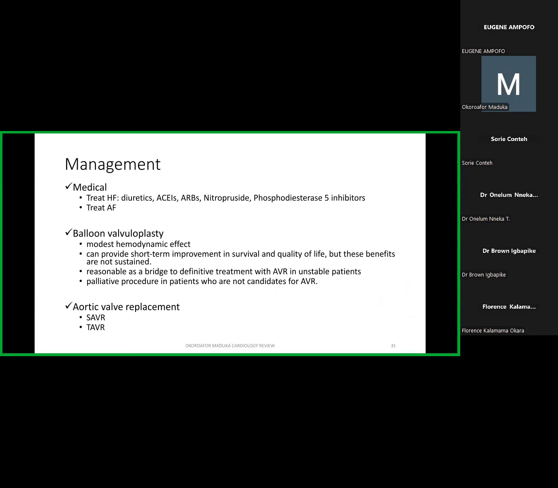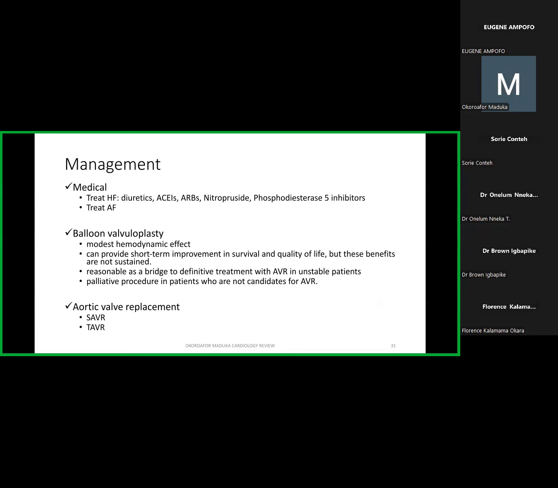So management basically: if the patient is in heart failure, you manage the heart failure. If the patient has arrhythmia, you manage it using the guidelines. Then you could also employ balloon valvuloplasty in this patient, which provides modest hemodynamic effect and can provide short-term improvement in survival and quality of life.